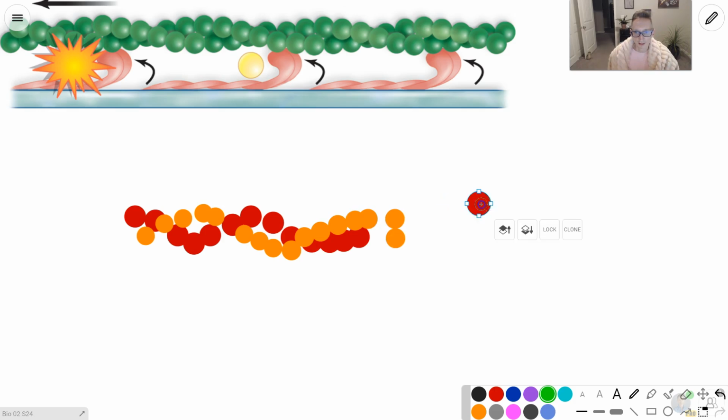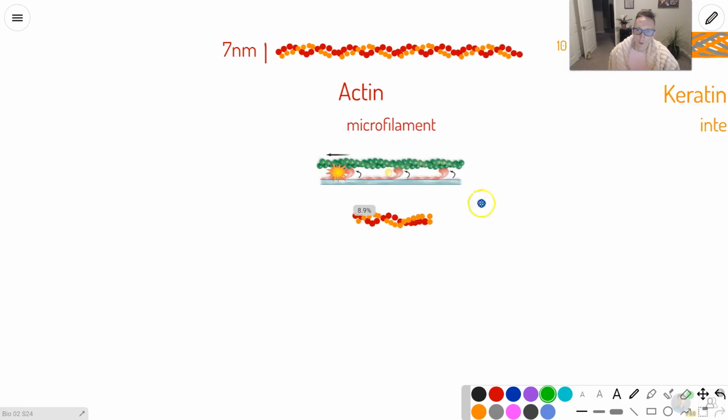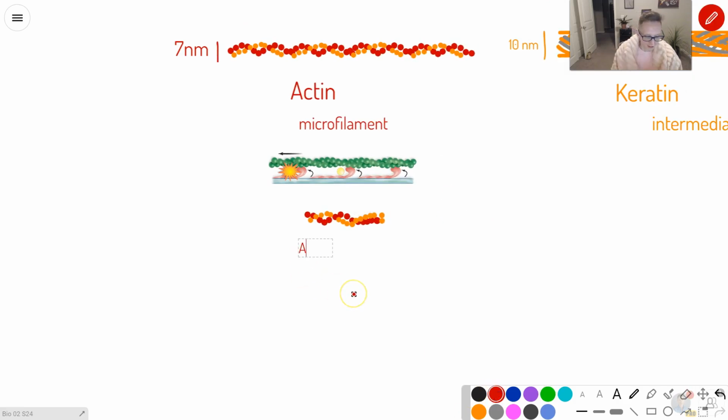So we can get growth of the actin filament, which can push. So we can push or pull. Actin can change cell shapes by pushing or pulling on the cell.